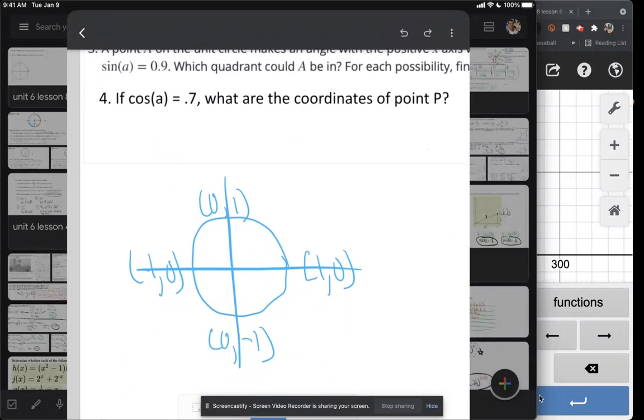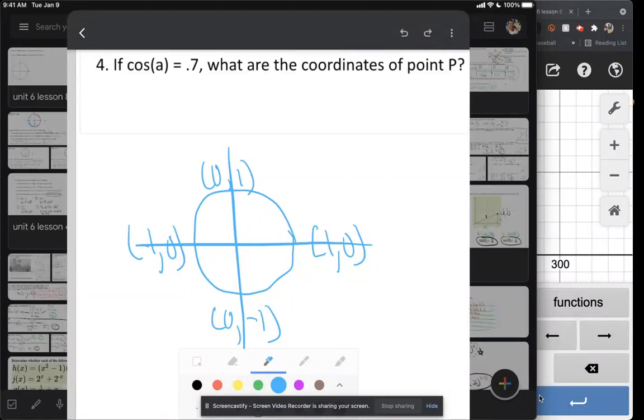If this is 0 and this is negative 1, then negative 0.4 is going to be somewhere in the middle.